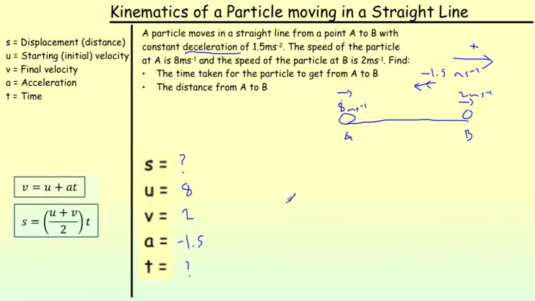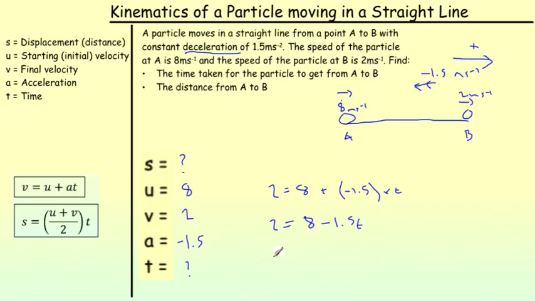So if we have u, v, and a, and we're looking for t, that's going to be our first SUVAT equation, v is equal to u plus at. So let's set that up. v, which is 2, is equal to u, which is 8, plus at. Now a is minus 1.5, and that's multiplied by t. So that becomes 2 is equal to 8 minus 1.5t.